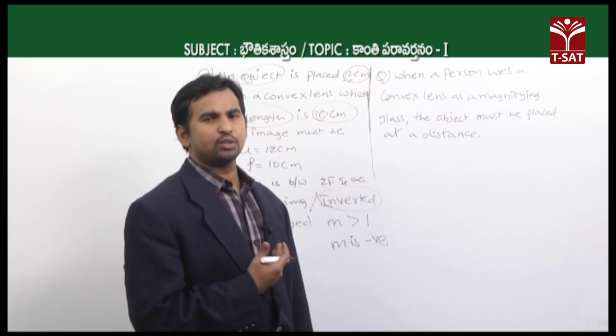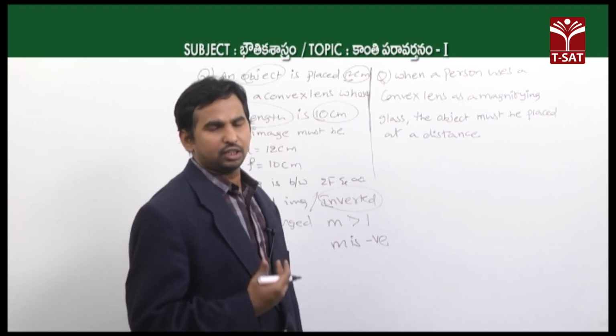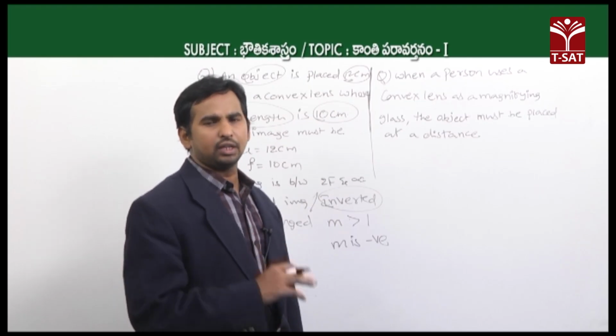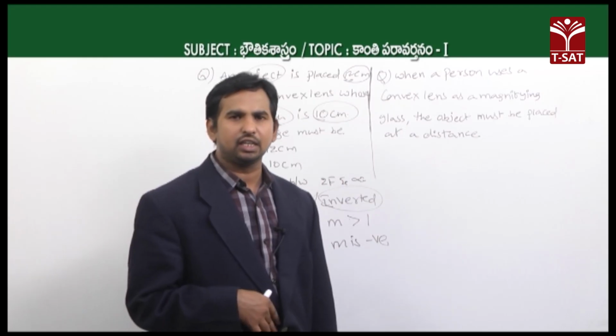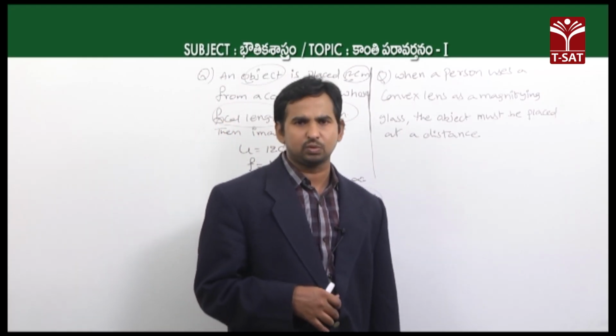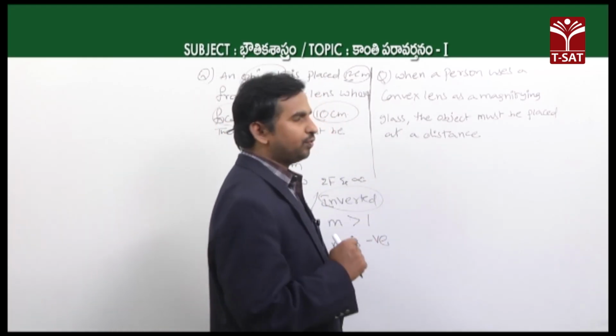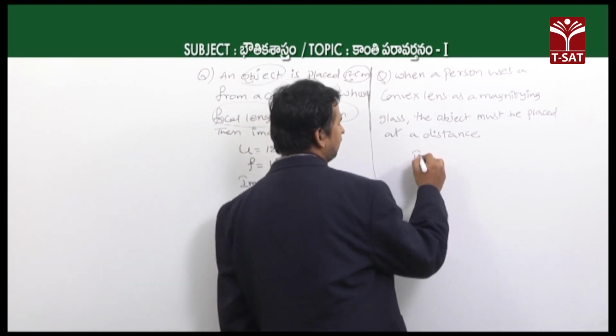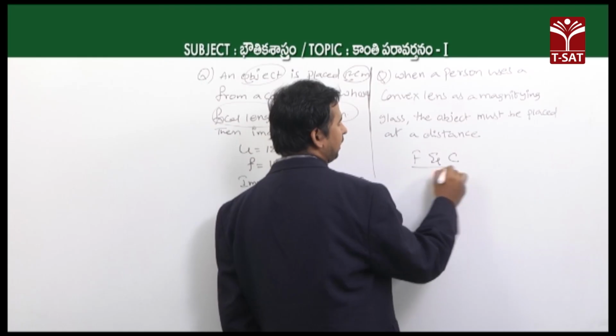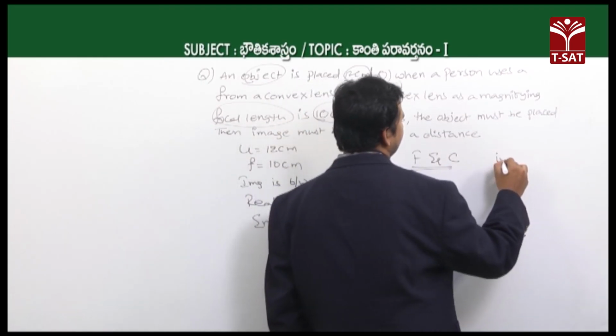If we take the object in between f and C, or in between f and O, in both cases we get enlarged, magnified images. But the problem is, if the object is placed between f and C, the image formed is inverted.